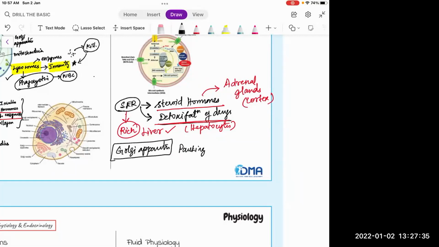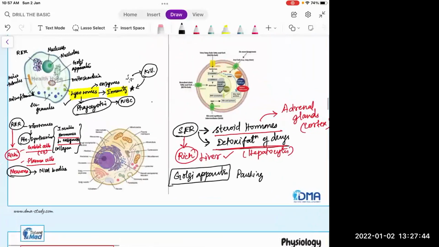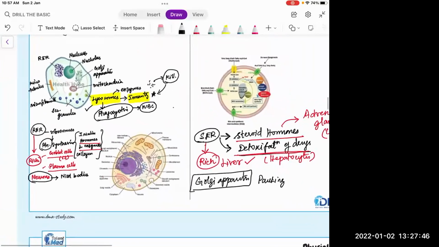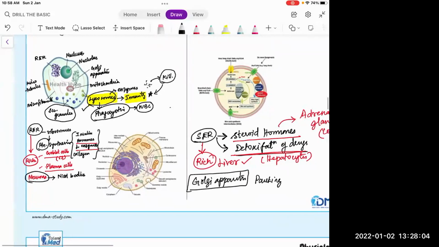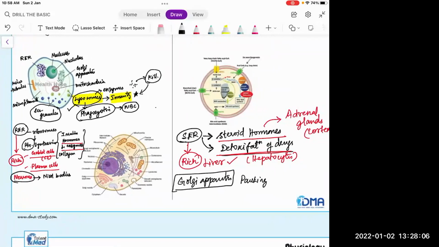So this will pack all the enzymes, chemicals, proteins which are synthesized by the rough and the smooth endoplasmic reticulum and make it within the cell in the form of secretory granules, lysosomal enzymes, and then it will give it to the target cell when there is a need for all those specific chemicals. So that packing of the substances synthesized within the endoplasmic reticulum is mediated by this Golgi apparatus.